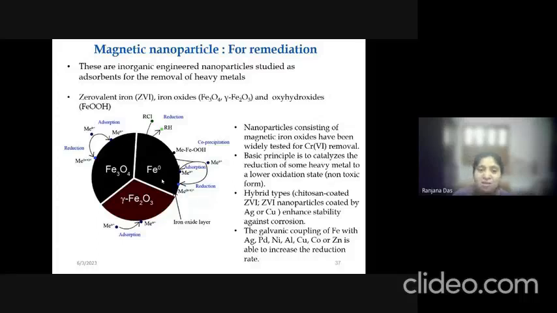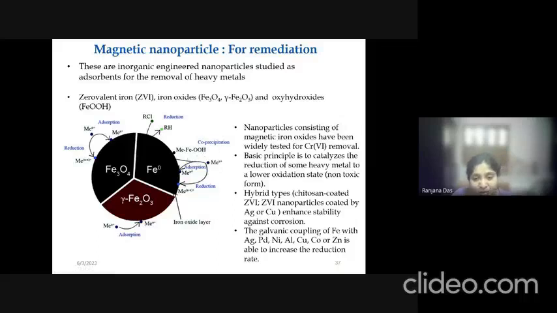So in this way, this zero valent iron helps us reduce the toxicity of some of the effluents. It is also a very good magnetic nanomaterial that can be used for this purpose. And not only the reduction, some that I mentioned, the iron oxyhydroxides, can be used for co-precipitation. They help in the co-precipitation and coagulation.